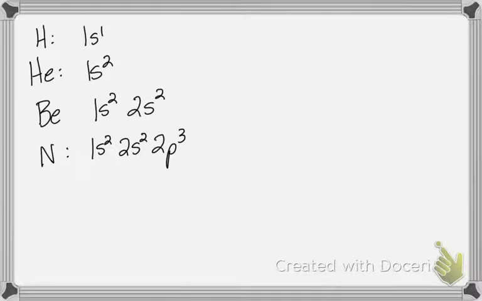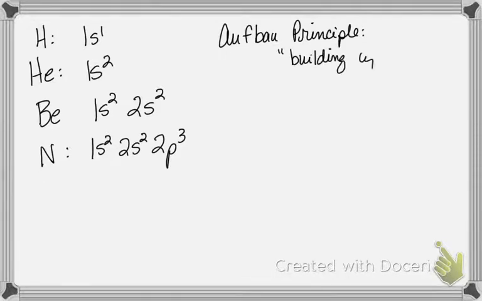Okay, a couple rules I want to tell you here. I'm going to introduce some new stuff, then we're going to practice some more electron configurations. One rule is called the Aufbau principle, and you're going to see that on Connect, in the book, on End of Chapter. Aufbau means building up, okay? And so something would say, for example, use the Aufbau principle to write the electron configuration for nitrogen.